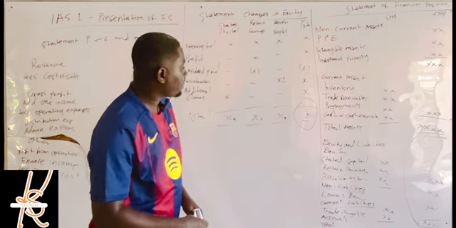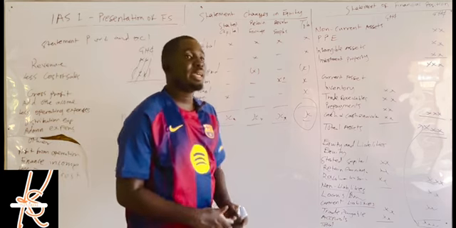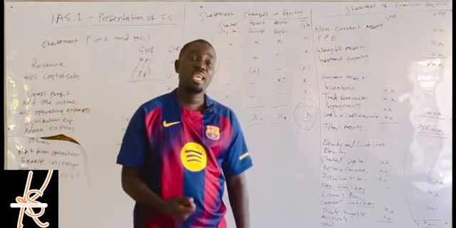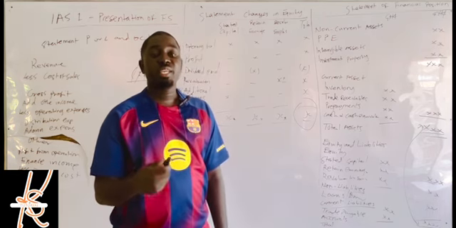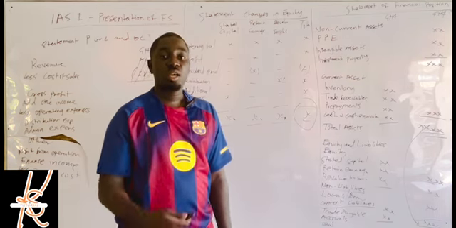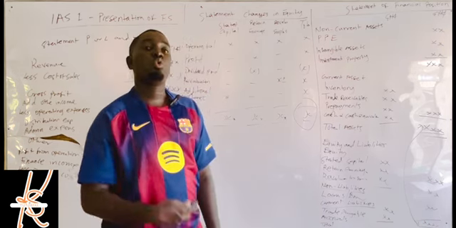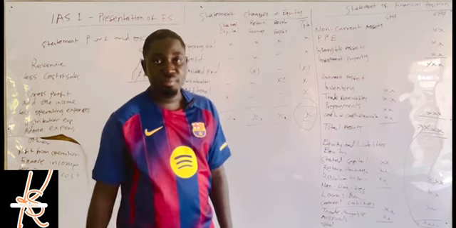Okay. Now, when we talk about the cash flow statement, because we are done with the statement of changes in equity, as I said, IAS 7 gives the layout, the format for the cash flow statement. So when we are doing IAS 7, we will talk more about the cash flow statement.